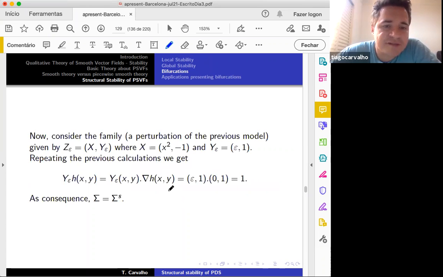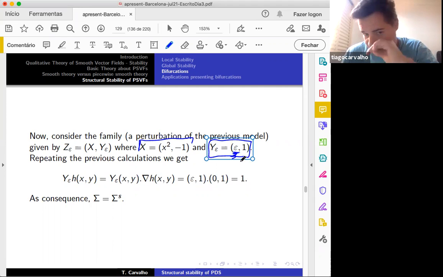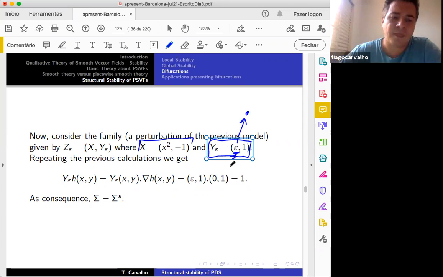Okay, now let's perturb the previous vector field, considering a small perturbation of the Y vector field. The vector field X is the same, and in the vector field Y we put this small parameter epsilon here.